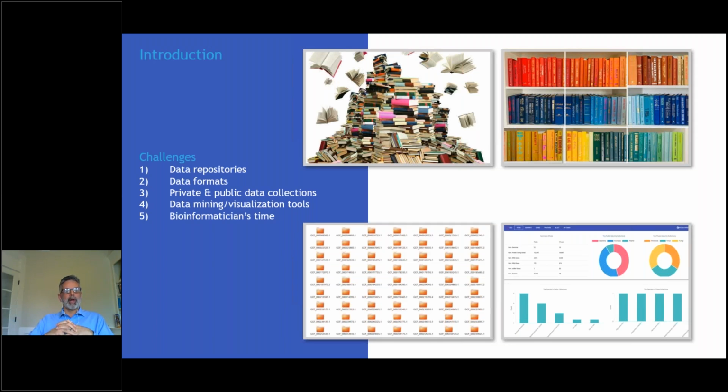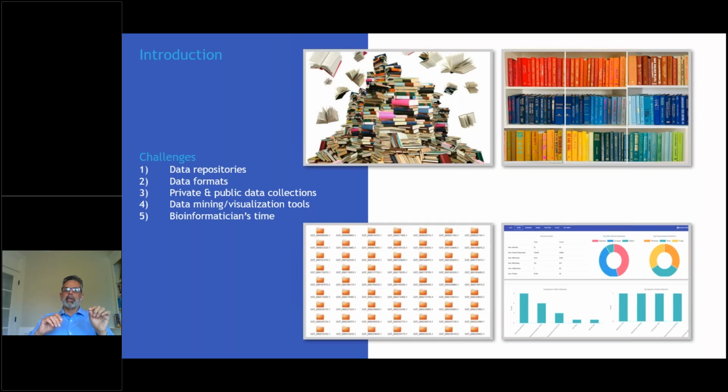The fourth challenge I want to highlight is around the data mining and visualization tools themselves. Many organizations, again, whether universities or companies, may have in-house developed mining or visualization tools, but in general, our observation or experience with organizations is they are developed for a specific application.